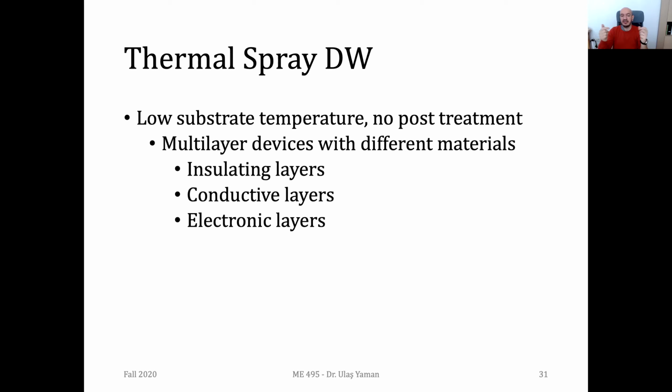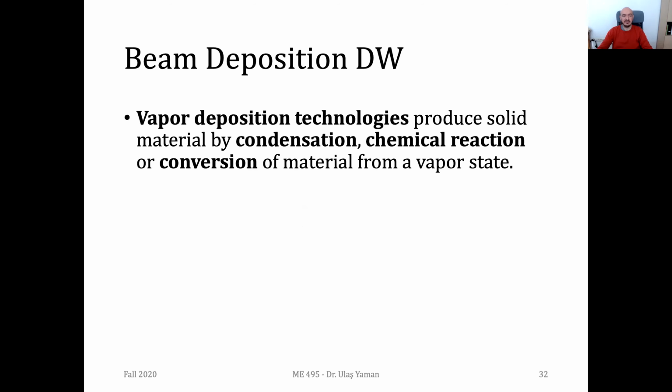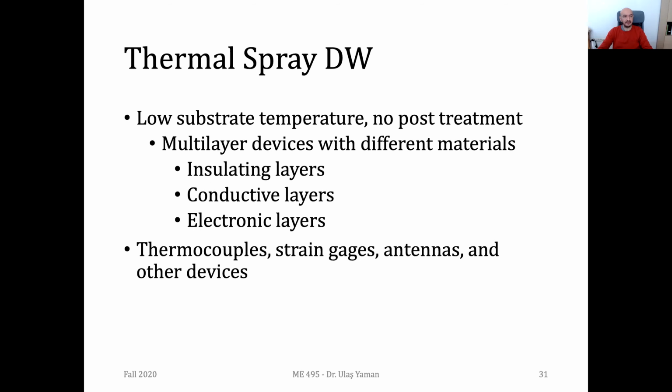You may have some electronic layers. You can print capacitors, resistors. They are all possible with this technology. And as we have seen on the website of the company, you can even print some sensors, some thermocouples, antennas, and some other devices. So this is actually all for the thermal spray.